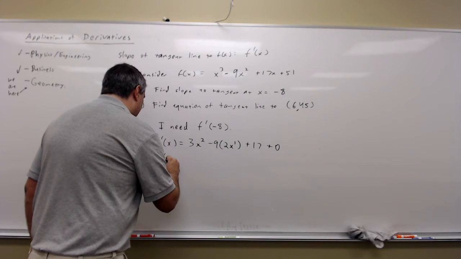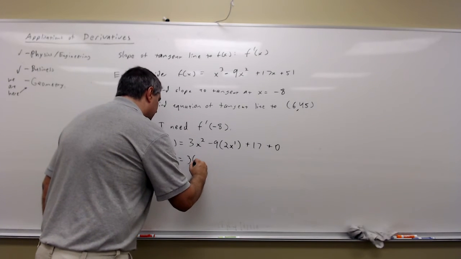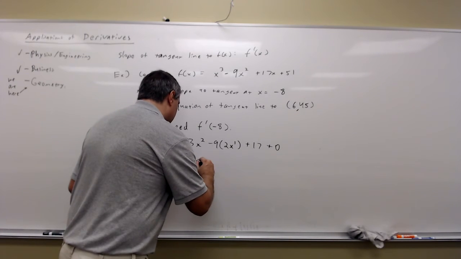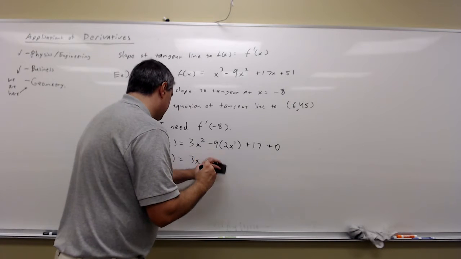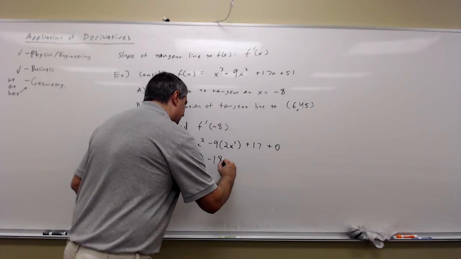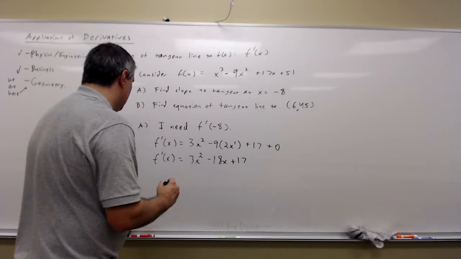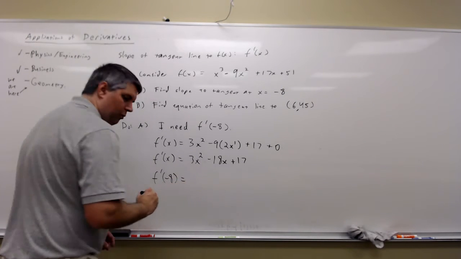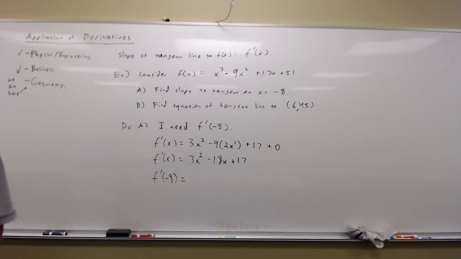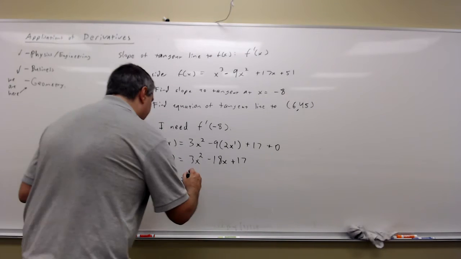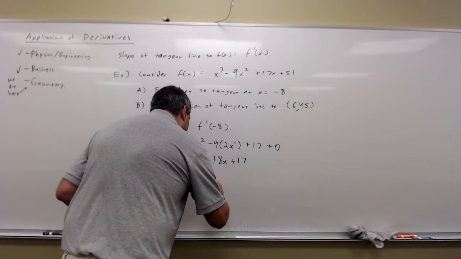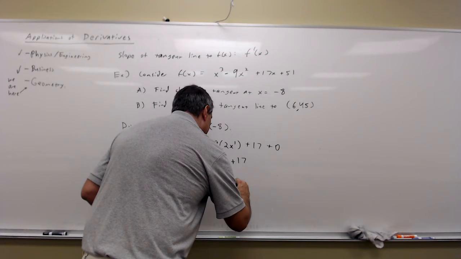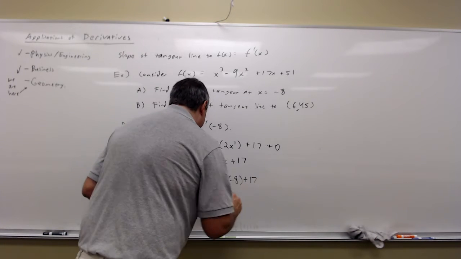So f prime of x equals 3x squared minus 18x plus 17. So f prime of negative 8 equals 3 times negative 8 squared minus 18 times negative 8 plus 17.